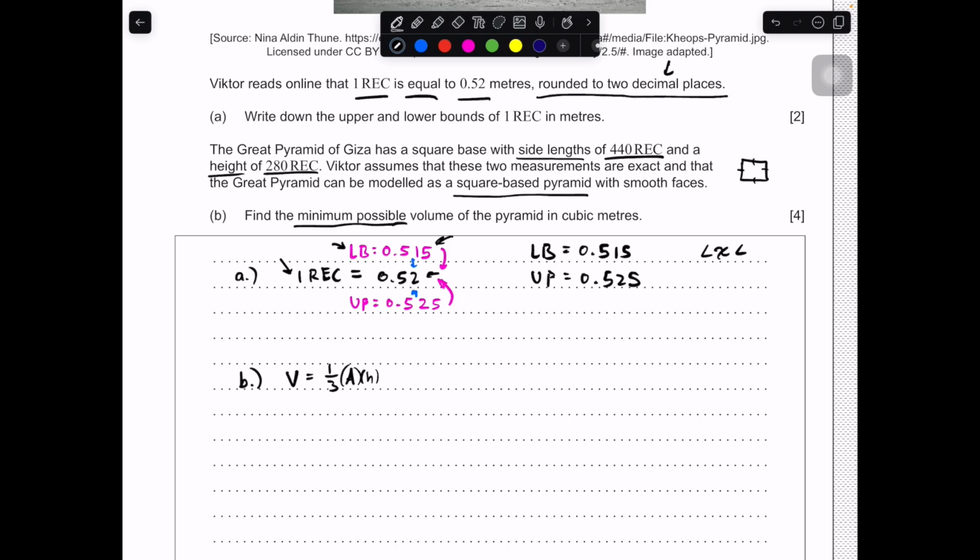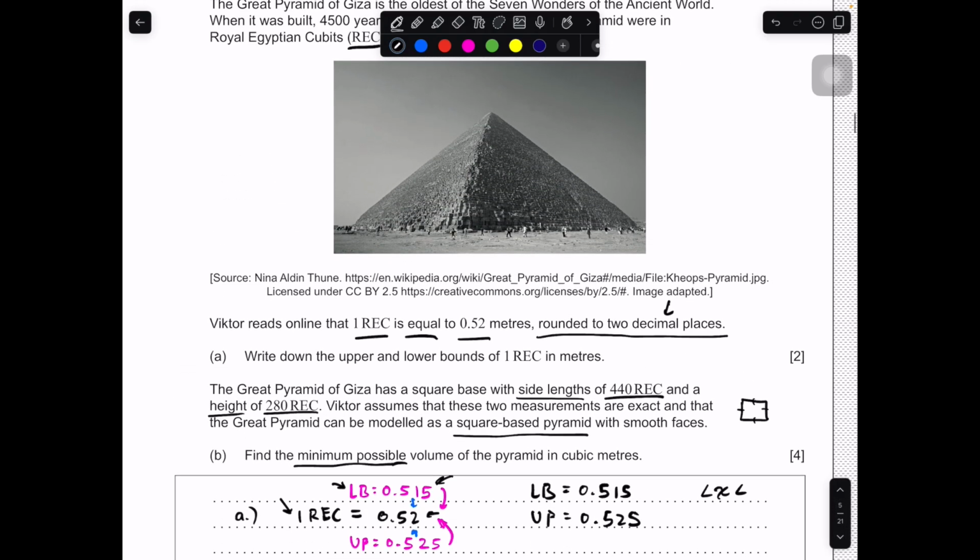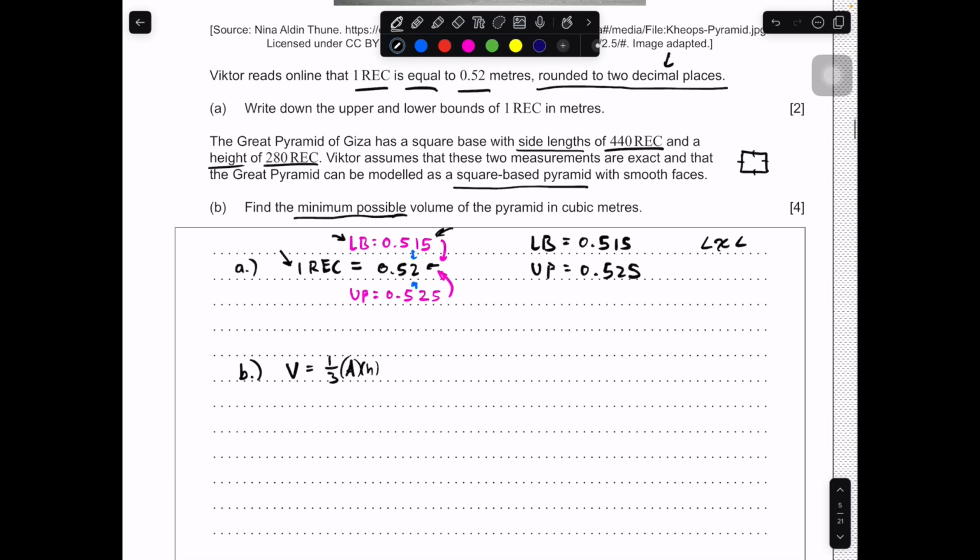Area of the base. If we're talking about the pyramid, square base of 440 REC. So if we're talking about the side lengths, let's find the area of this base. Let's sketch it out. And not a bad idea to sketch if we have a geometry question.